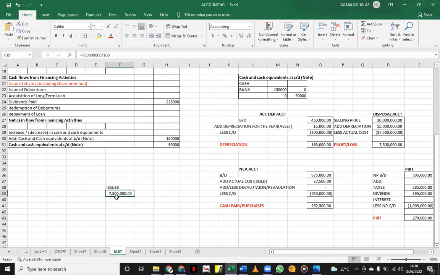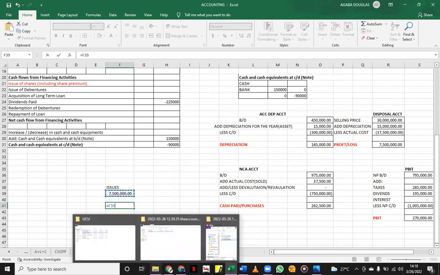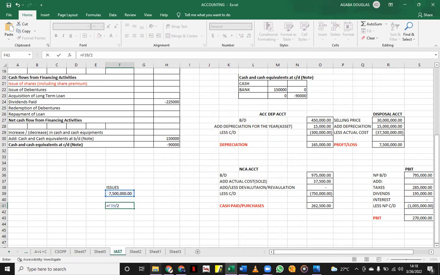But remember, they later on said that when you apply for one share, you get 2. So we would simply divide this by 2.